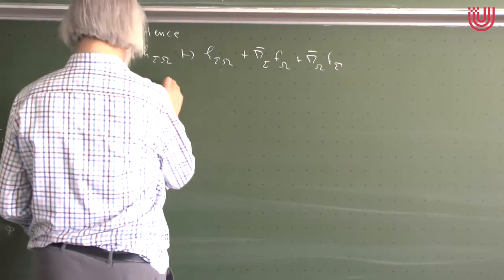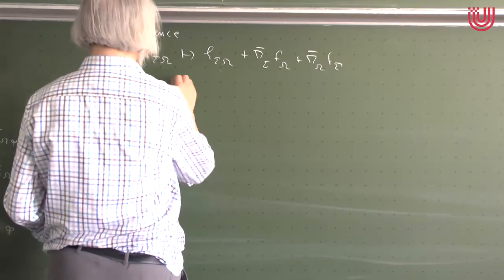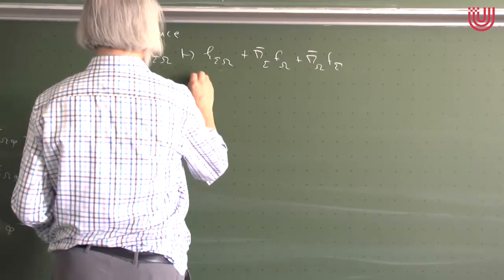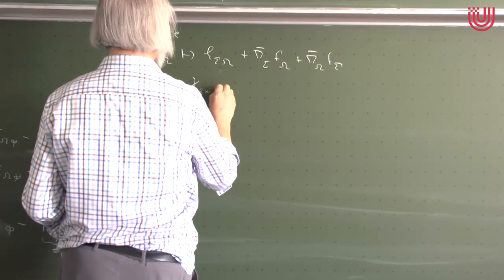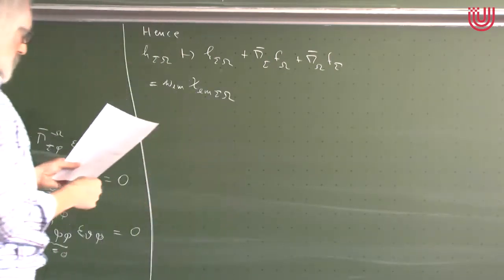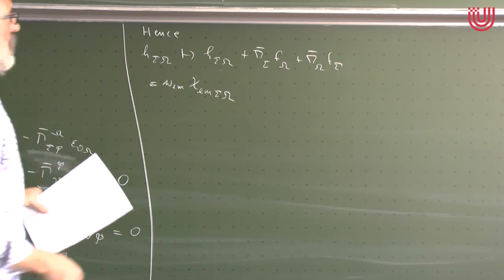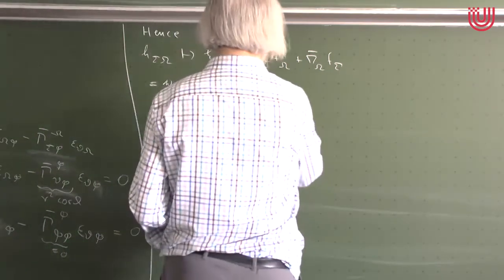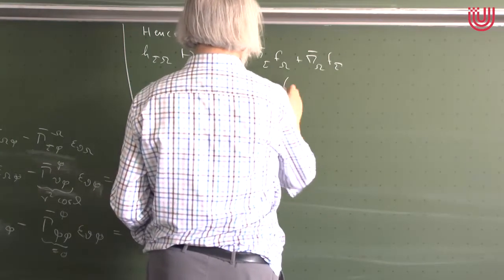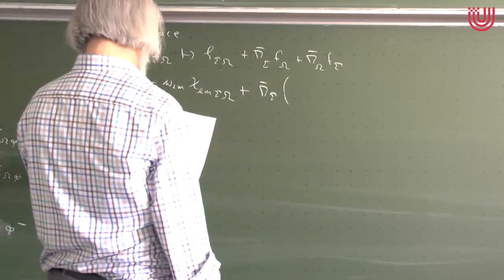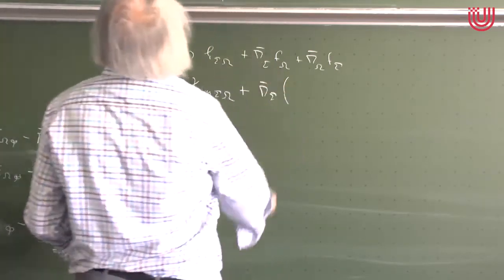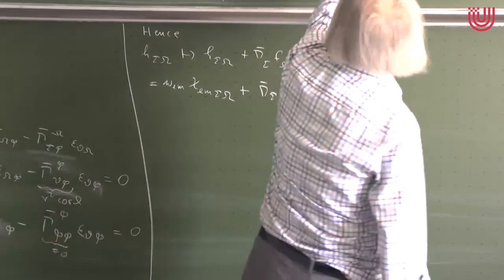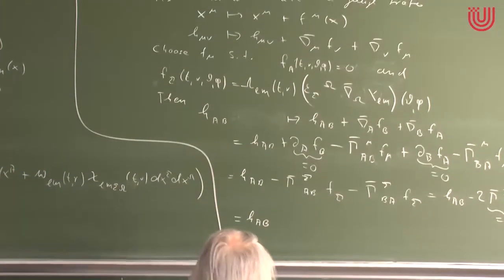The H sigma omega is W Lm chi Lm sigma omega plus the transformed thing. Okay, what was this? The f omega, it's somewhere up there. Here it is. This expression. I insert this expression now.